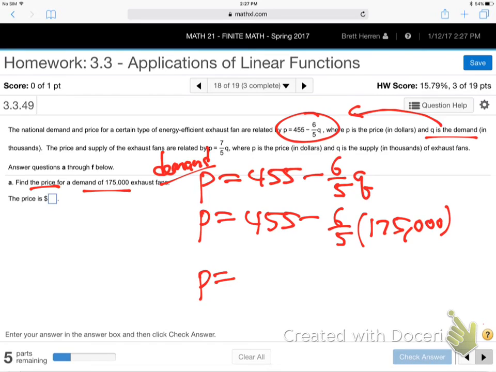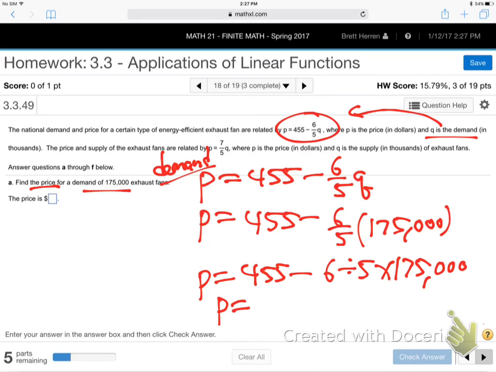I would just go 455 minus 6 divided by 5 times 175,000 and hit the equals button. And tell me what it is, please.